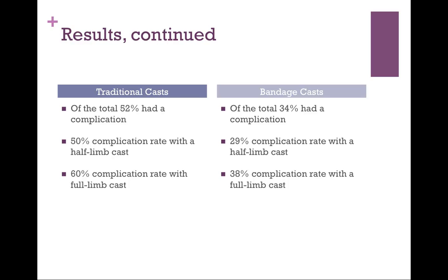So out of the horses that had a bandage cast, there's a total of a 34% complication rate. And they also saw a 29% complication rate in the half limb, with a 38% rate in the full limb cast.